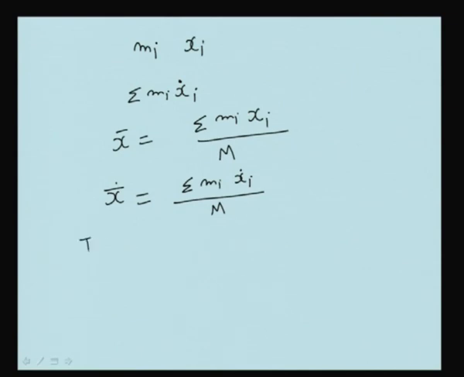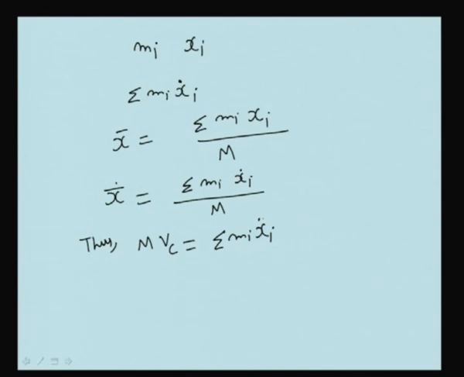Thus m times Vc, where Vc is x bar dot, the velocity of the mass center, is equal to sigma mi xi dot.